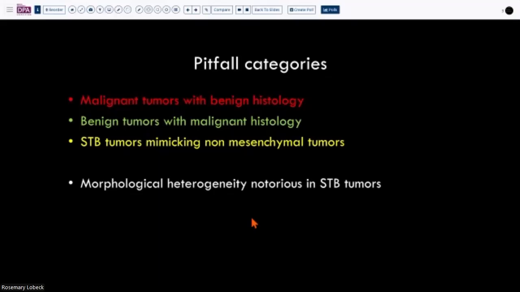The final one is soft tissue and bone tumors that mimic non-mesenchymal neoplasms, especially ones that have cytokeratin, epithelial, or maybe melanocytic marker reactivity and yet are sarcomas. And finally, something good to remember is that morphologic heterogeneity is notorious in soft tissue bone tumors.